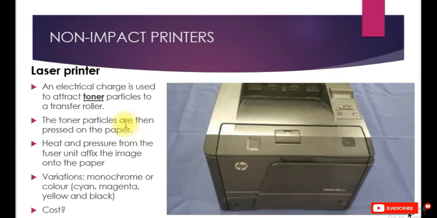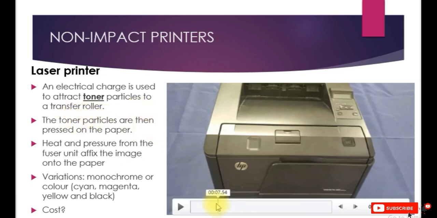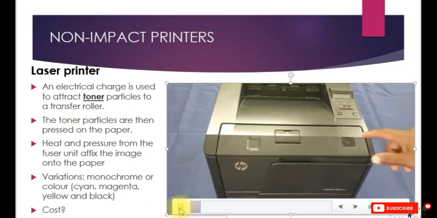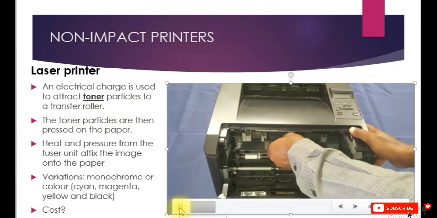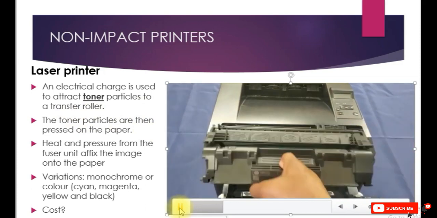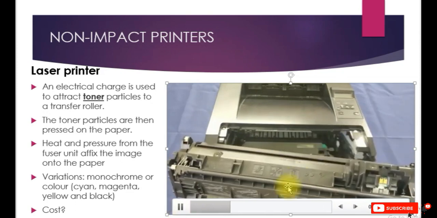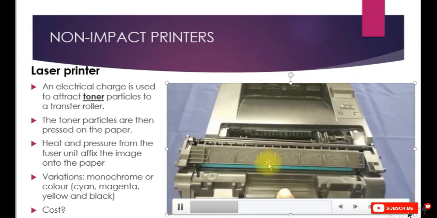Here we have an electrical charge that is used to attract toner, the toner particles, to a transfer roller, and that is a part of the process through which the toner is transferred to the paper to form the characters. So yes, what you're looking at here is a toner.